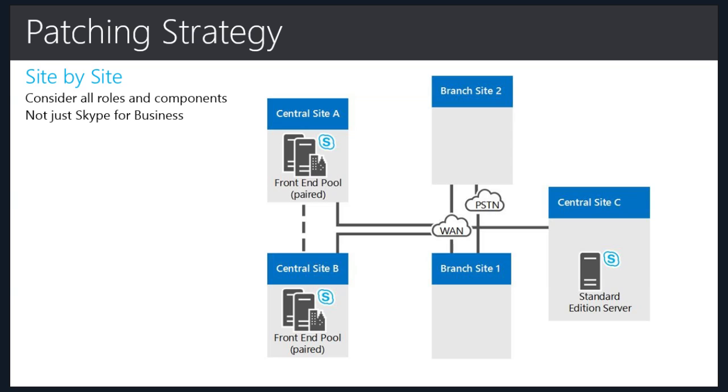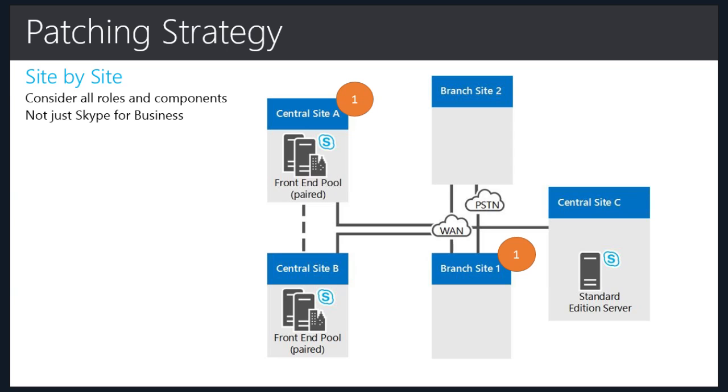But if we think about patching the on-premises environments, the high-level concept here is that we would do patching side by side, meaning that we will start with every component that is associated to the site A, so central site A, and this also includes branch site number 1 because those are associated.